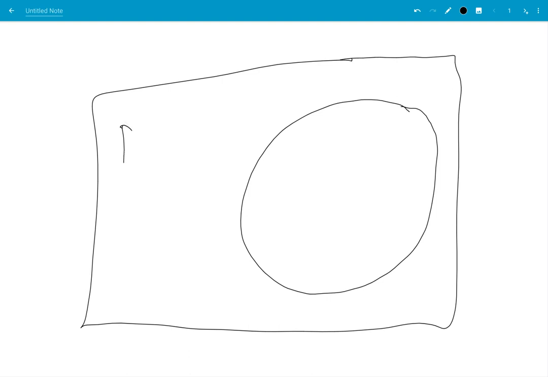Let's say divergent series right here. Let's say this is convergent series.